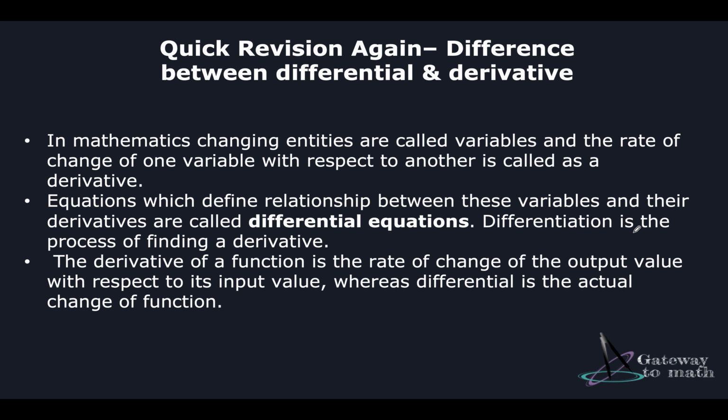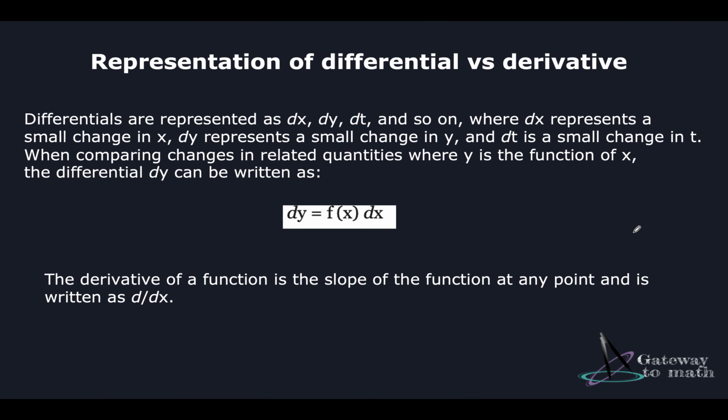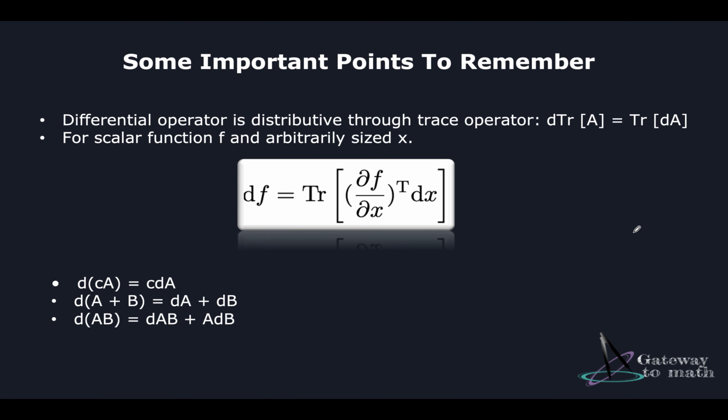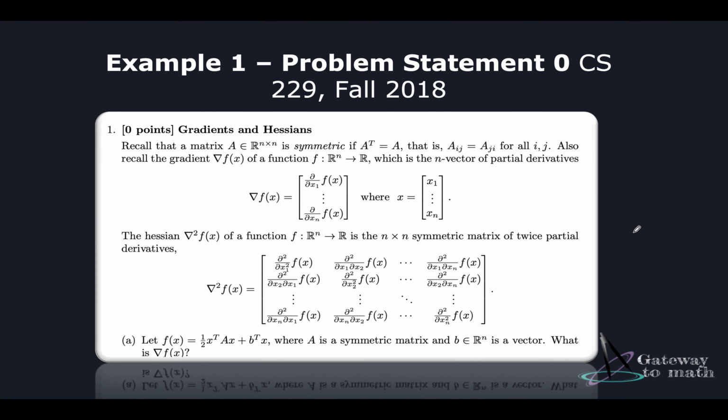So this is pretty much it for this session. In the next session, we will do a quick revision of the difference between differential and derivative. We will also cover different ways we represent a differential and how we represent a derivative. We will then see the relationship of matrix differentials. There are some important points to keep in mind, and some important relationships between the differential operator and the partial derivative operators.